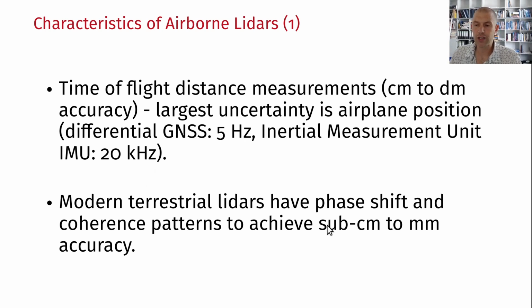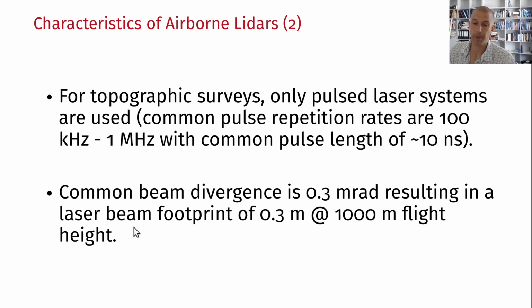If you want to achieve sub-centimeter or millimeter accuracy, you usually go to phase shift or coherence pattern measurements that I just talked about. Another comment that I wanted to make here is that for topographic surveys, we only rely on pulsed laser systems.